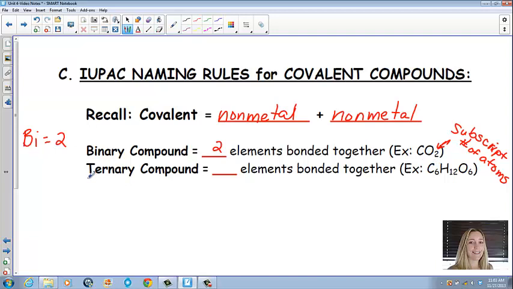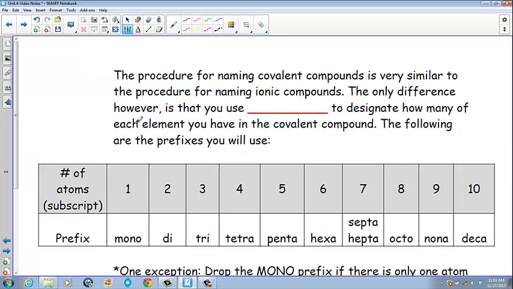And ternary, so the prefix ter or ternary means 3. Okay, so this is where we're going to say there's 3 elements bonded together. So we can break down our covalent compounds into either binary or ternary compounds. So the procedure for naming covalent compounds is very similar to the procedure for naming ionic compounds.